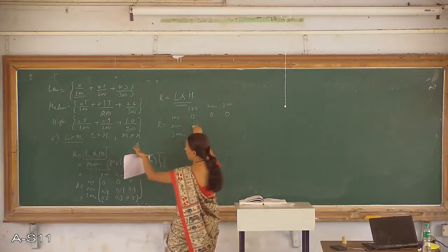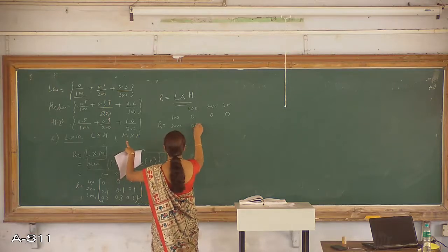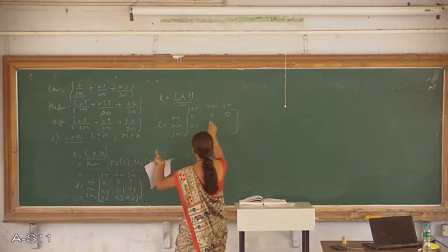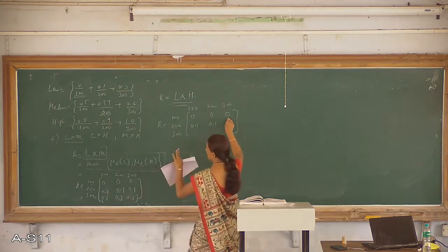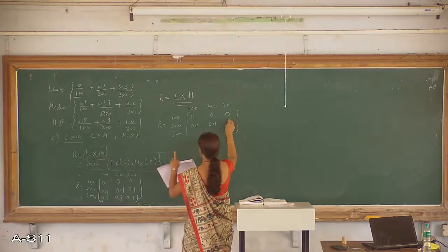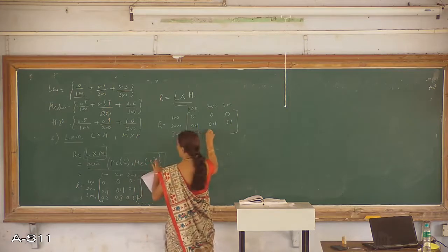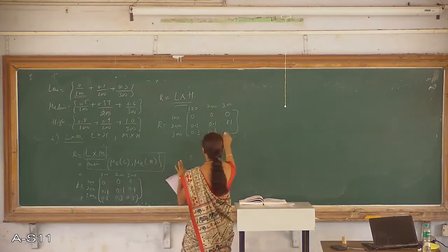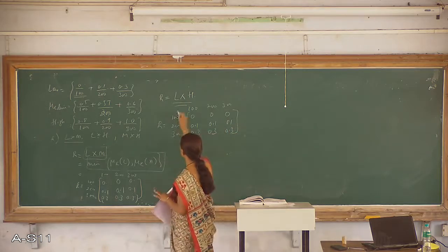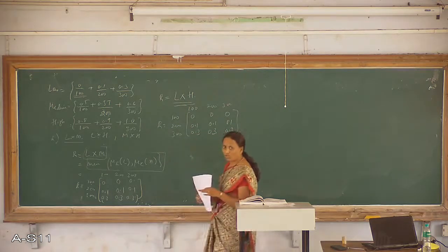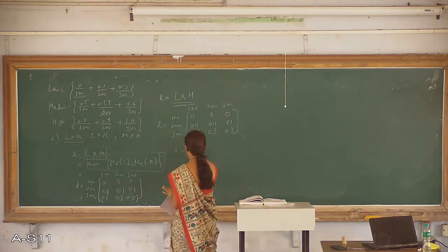Next we have 200 with 100, 0.1 with 0.8, so 0.1 is the minimum. Then 200 with 200, 0.1 is the minimum again. Then 200 with 300, it is again 0.1. Then 300 with 100, it is 0.3, and here it is 0.3, and again 0.3. So this is low cross high.